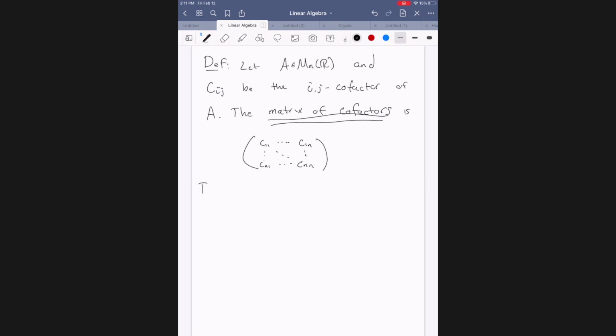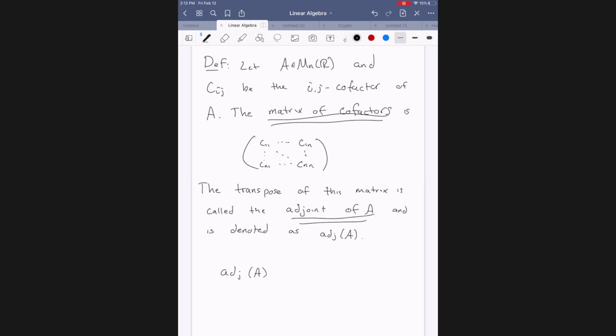Now, the transpose of this matrix is called the adjoint of A and is denoted as adj(A). So adj(A) is just going to be the transpose of that matrix up there.